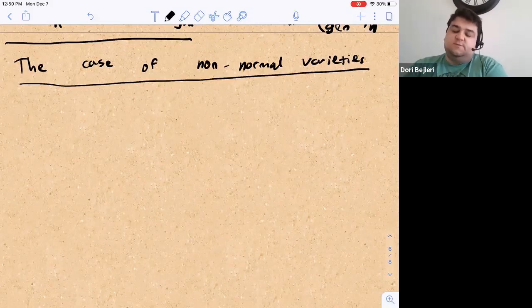So now I want to say a few words about how you start applying the techniques of the minimal model program to non-normal varieties, and namely which non-normal varieties should you even be looking at if you care about birational geometry.